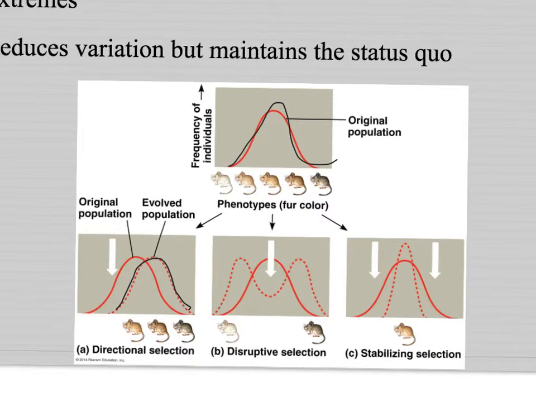The disruptive selection is going to favor the alleles here and also the phenotype for the alleles here, but not so much in the middle. And then finally, stabilizing is going to do exactly what the original did, and that's just going to go right along the same curve and favor the intermediates.